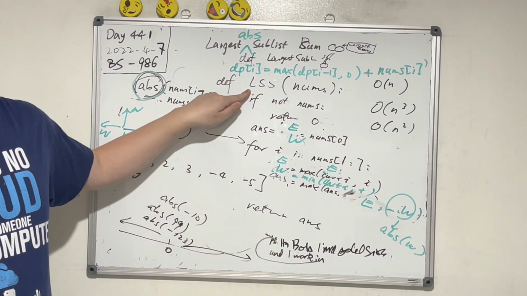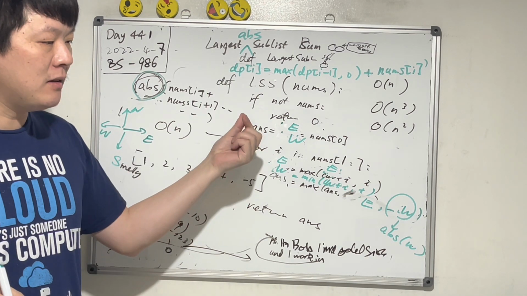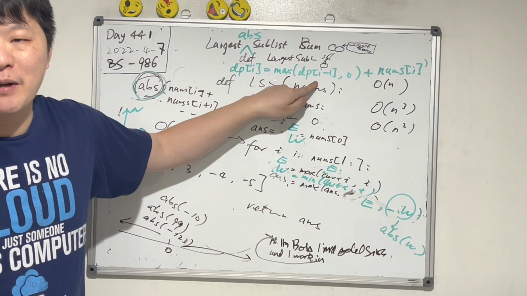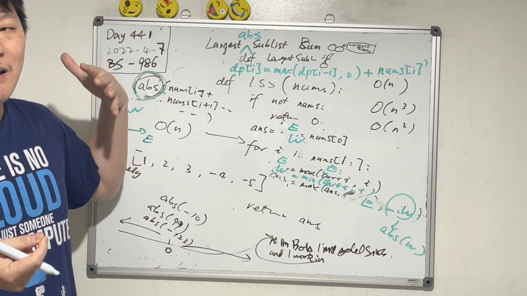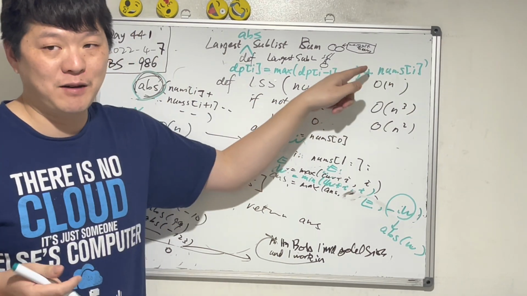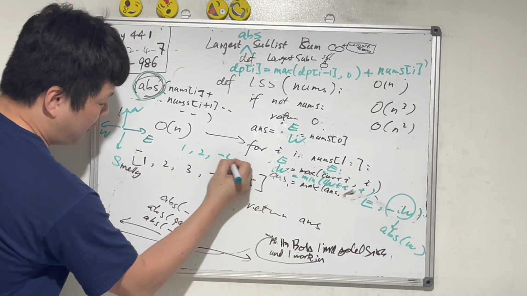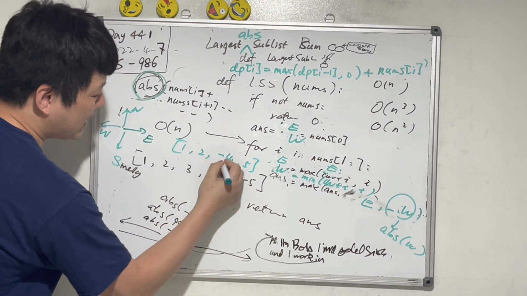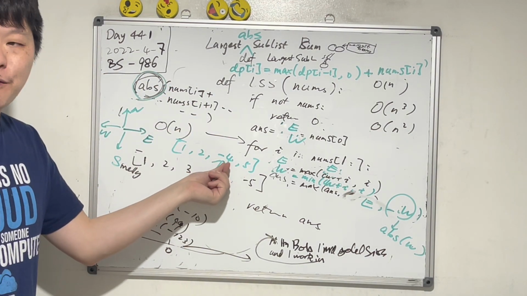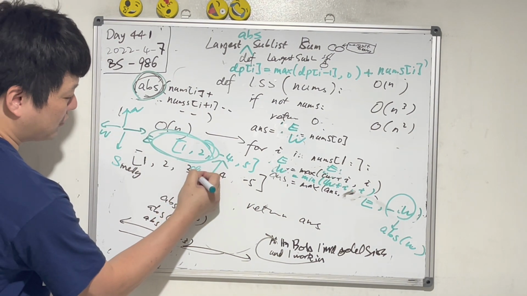DP I is the largest sublist sum that ends at index I. So looking at this number, we can try to include it in the previous sublist sum and add it, or we don't pick the previous one, and we start with this number. So look, 1, 2, minus 4, 5. If we are looking at this number, there are two choices. We can include this minus 4 in the previous sublist sum, where the previous sublist sum is DP I minus 1.